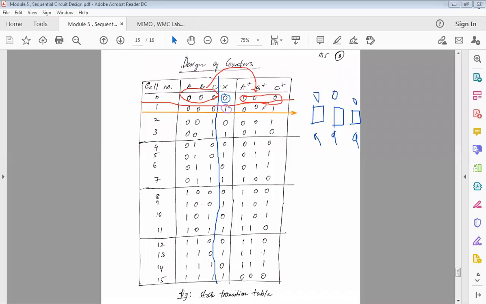When my clock goes high, then what am I doing? I am moving from 0 to what? 1. Is it 1? Are you all understanding what I'm trying to say? Yes, no.